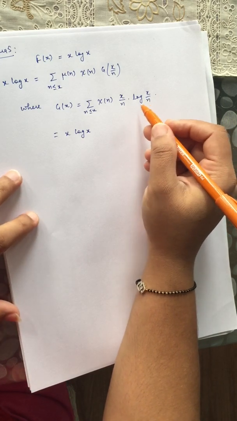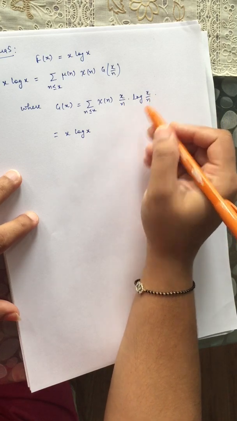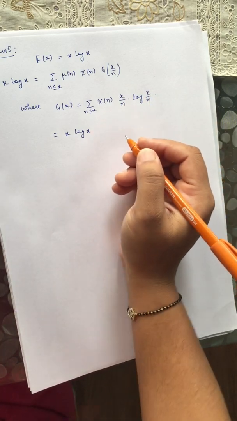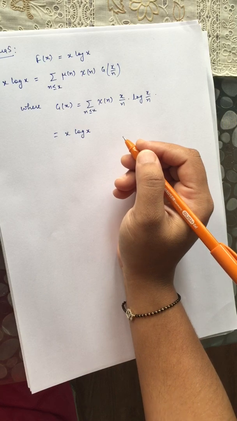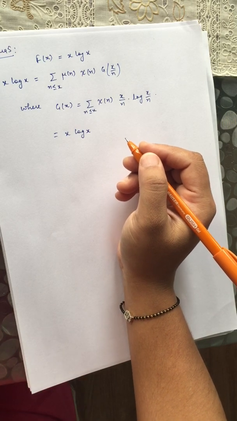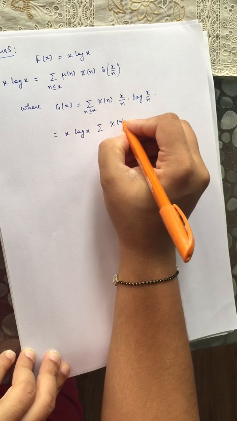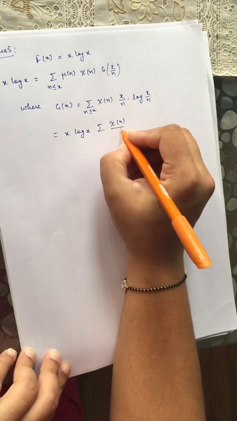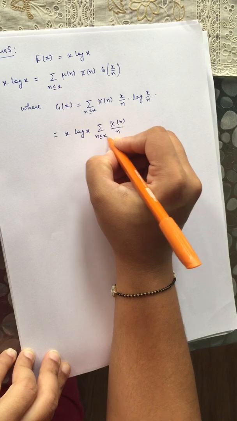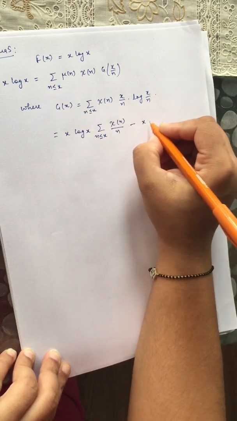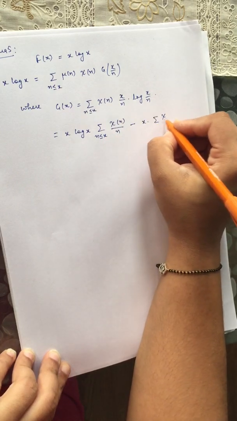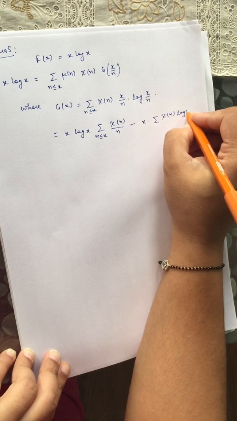So from the first term we can take this x into log x outside. So this becomes summation chi(n) upon n, now minus x into summation chi(n) log n by n.